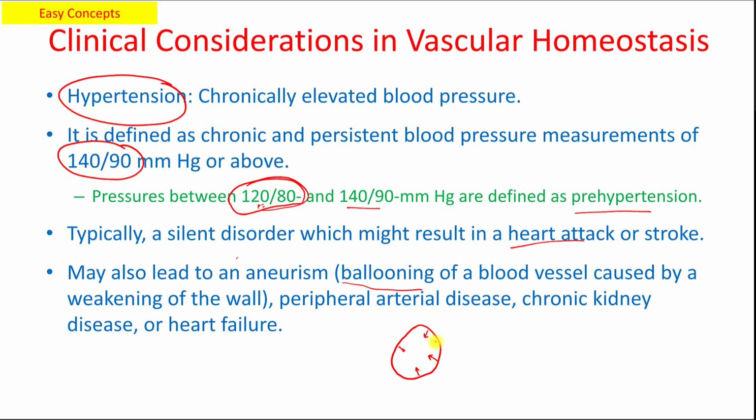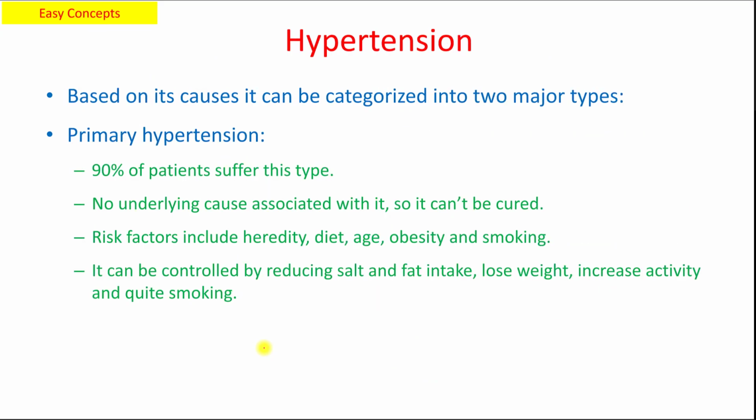So those elastic fibers will lose their ability to recoil. Sometimes it will cause peripheral arterial diseases, sometimes chronic kidney disease, and sometimes even heart failure. Based on the reasons, hypertension is either primary, which is 90% of the patients, and here there is no underlying cause of it.